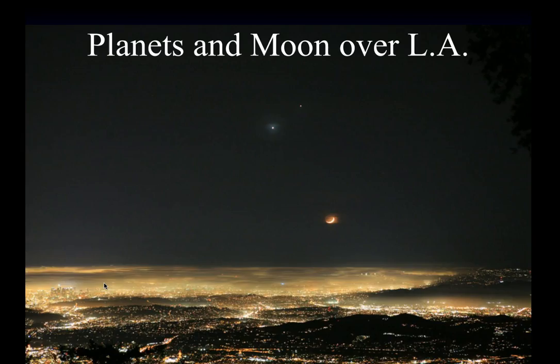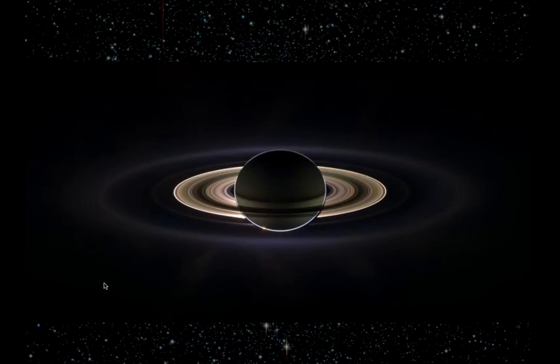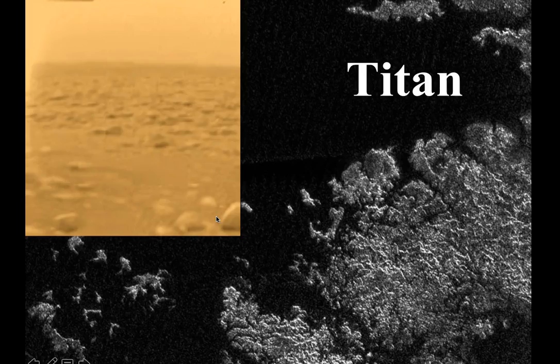Here's some pictures of planets and the moon over Los Angeles. The rings and moons of Saturn. A nice picture that the Voyager took. The sun is behind the planet here, and so that's why we get to see all these outlines of the rings.